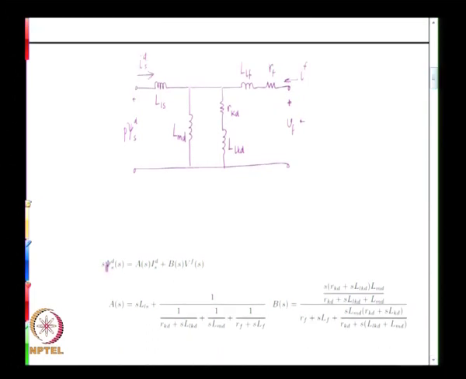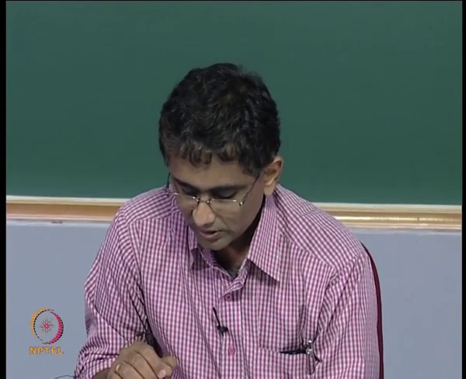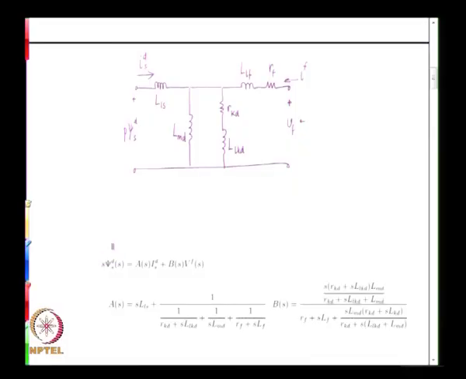Now, we have switched to the Laplace representation where P is nothing but the differential operator. So, d by dt of psi d can be represented in the Laplace domain as s times psi d of s, where this is the Laplace transform of the direct axis flux linkage. Now, this voltage can then be written as some transfer function multiplied by Id of s plus another transfer function multiplied by Vf of s, which one can obtain by superposition.